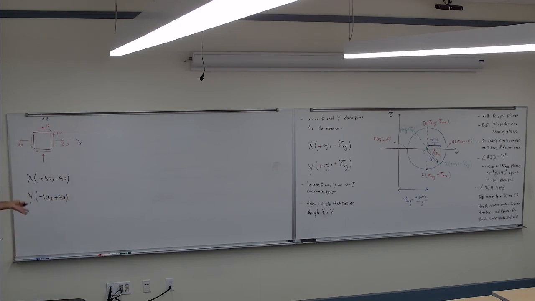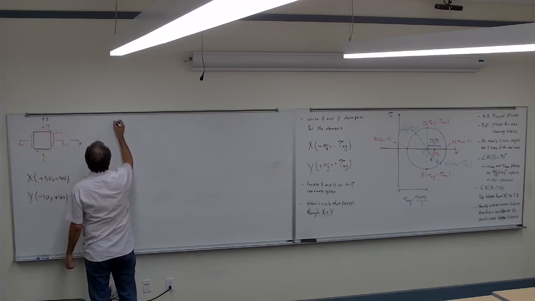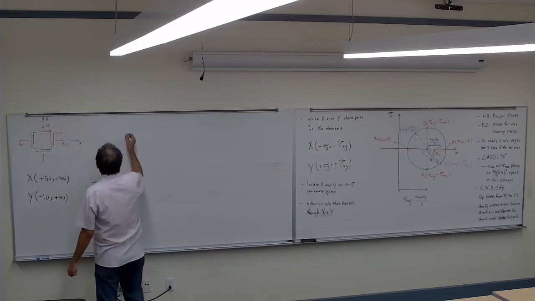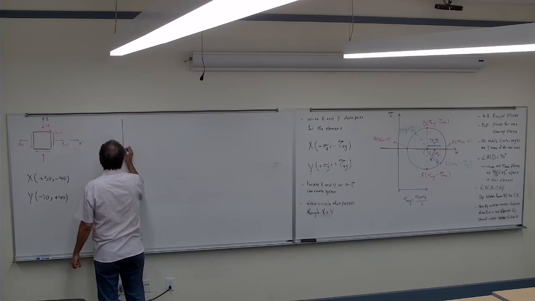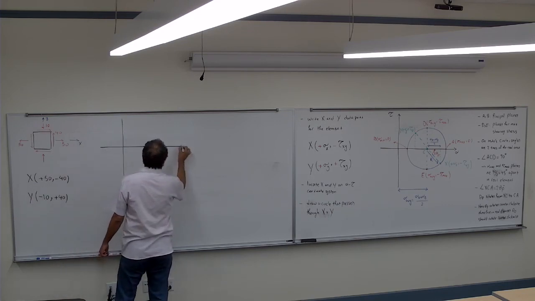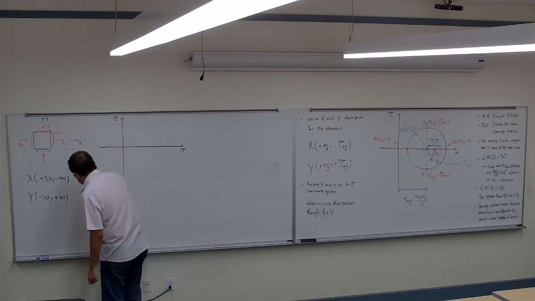If I have these 2 points, the rest is the trigonometry. So now I'm going to draw that coordinate system and put that x and y on top of that. That's going to be my coordinate system, with tau and sigma.